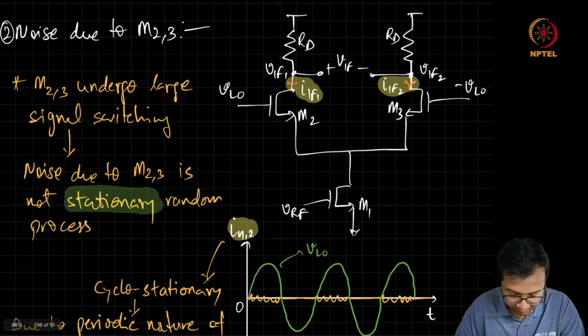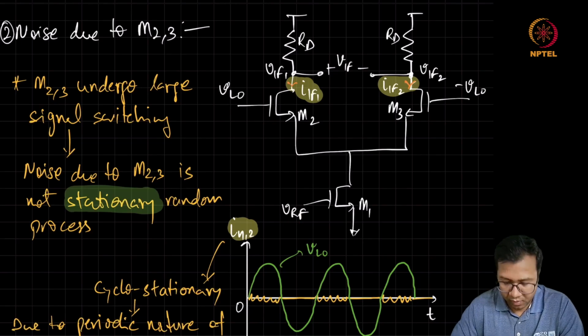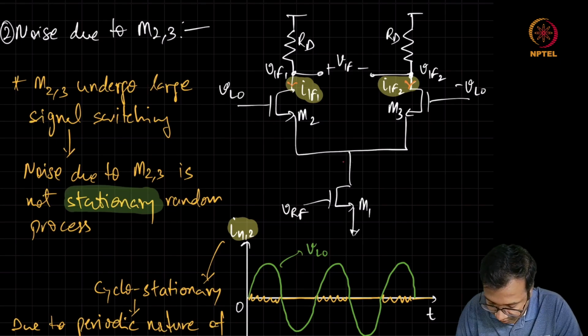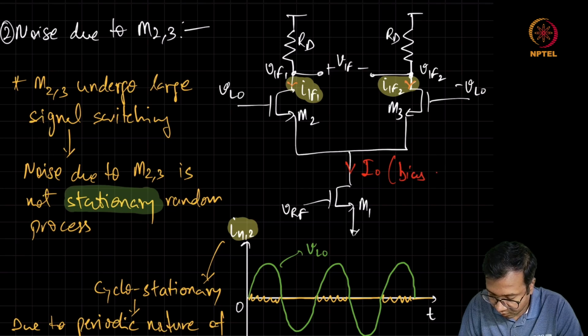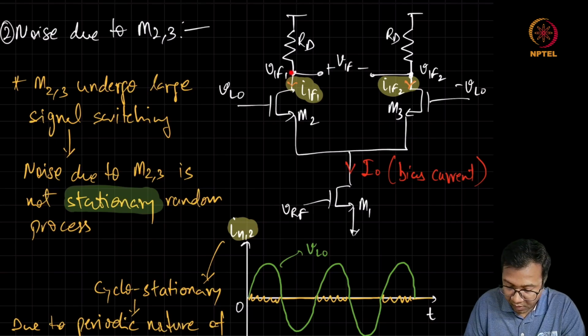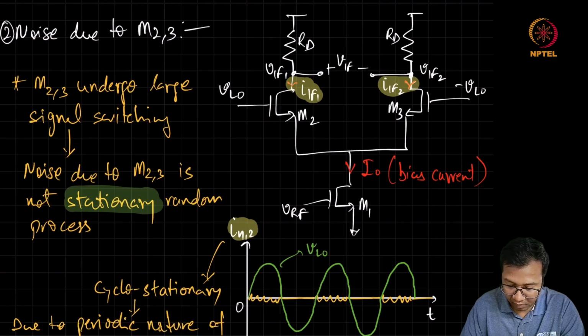Let me also assume that under this condition, we are not worried about the VRF signal being applied. So here we can just fix this current as some bias current, the bias current in M1. So this I0 is going to be completely steered towards M2 whenever VLO goes high.